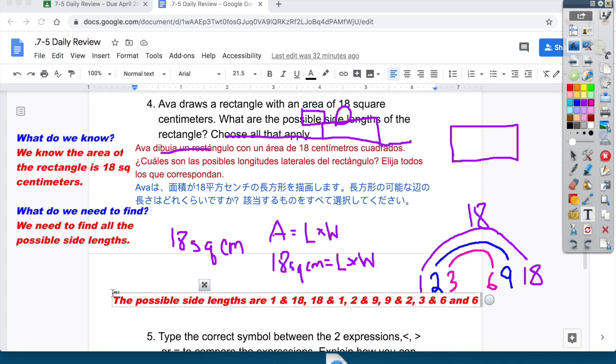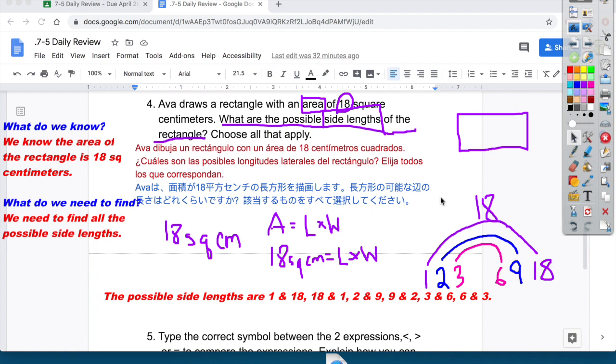And 6 and 3. Let's take out the N, we'll put the comma. So these are all the different side lengths that you could have for this problem.